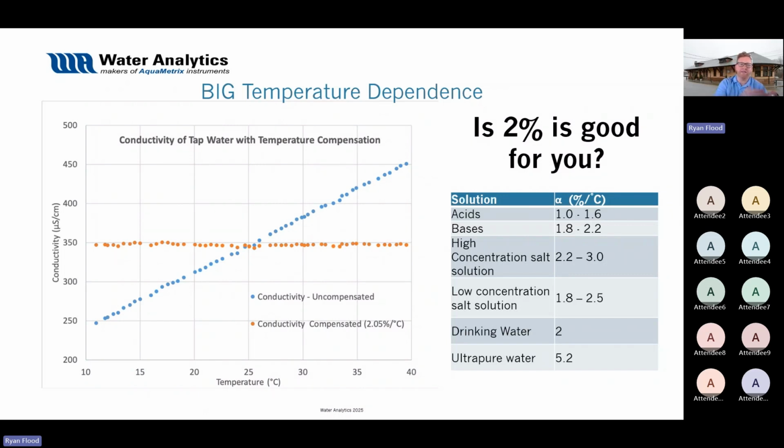Is it an acid? Is it a base? Is it a higher concentration of salt? The coefficient changes at that rate. And you can see here the percentage is a little different on each one of those. Similar to the TDS coefficient, if you're happy with what the K value is and you're happy with 2%, then right out of the box, your sensor can be good.